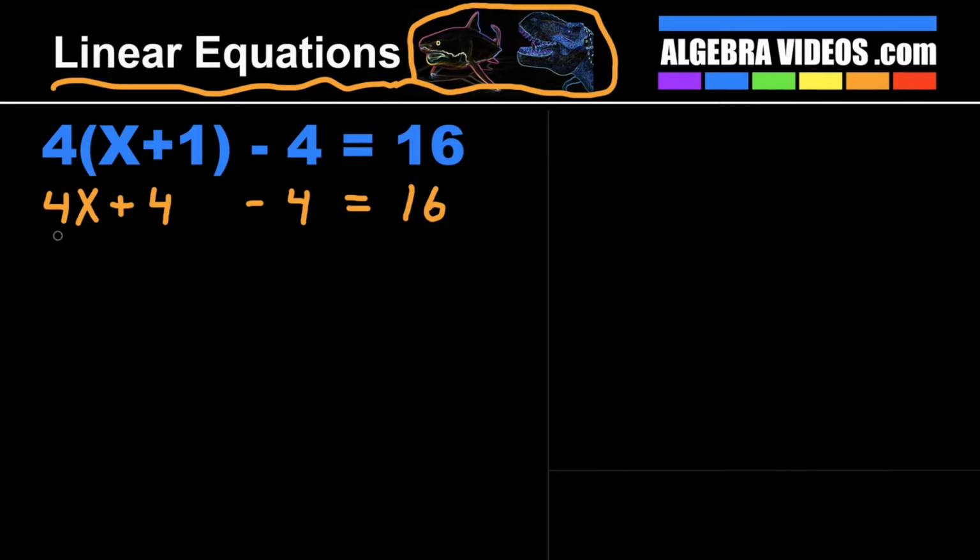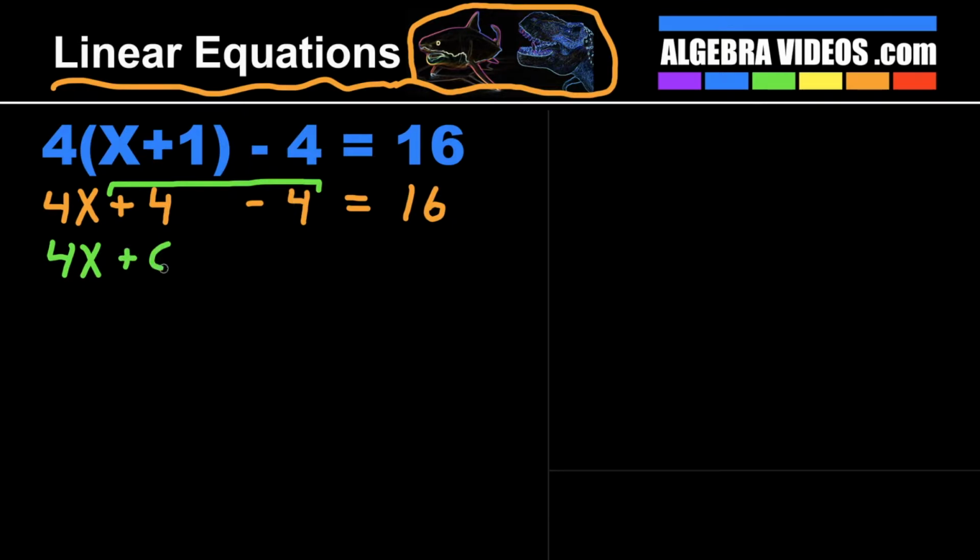Let's look over here on the left side, see if there's anything else we can combine or simplify. We've got 4x plus 4 minus 4. Well, this plus 4 minus 4 is going to simplify to 0, right? 4 minus 4 is 0. So let me rewrite this equation. We'll just simplify that part of it. 4x doesn't change. But plus 4 and minus 4, that's 0.